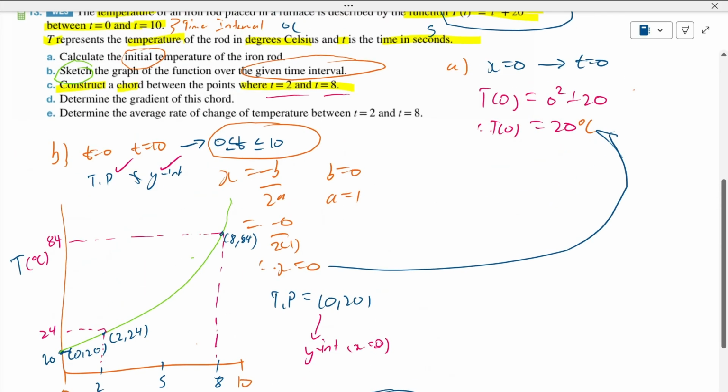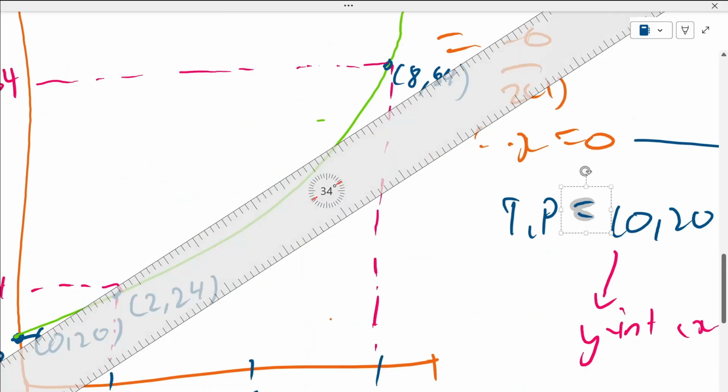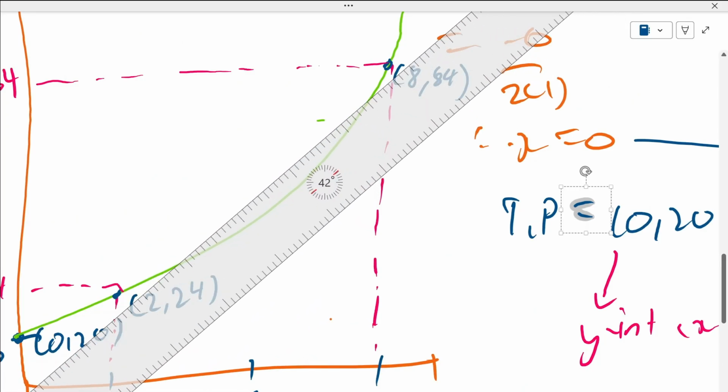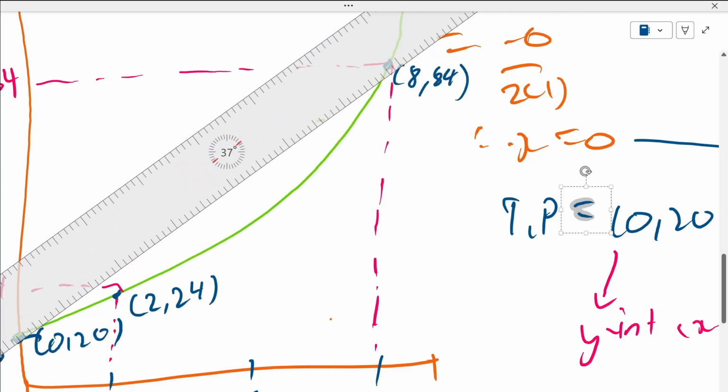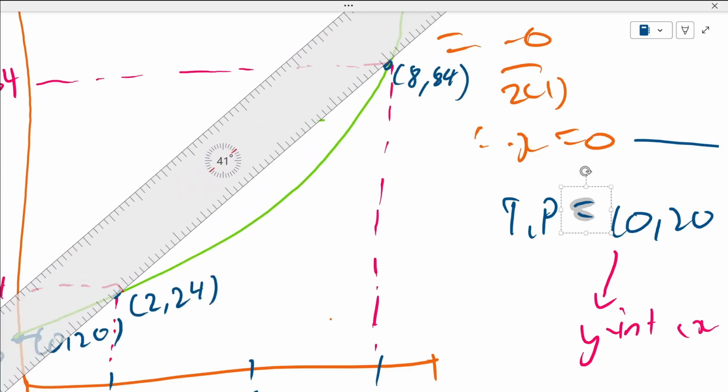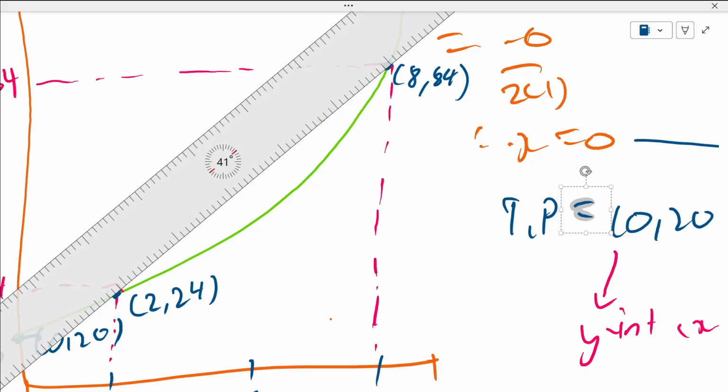Now let's go back to what the original question is asking. We've plotted these 2 points, but we are still required to construct a chord. A chord is where a line connects these 2 points. So grab a ruler. I'm using my digital ruler here on OneNote, but when you're doing this in an exam or practicing in your book, use an actual ruler to make sure you get it accurate.